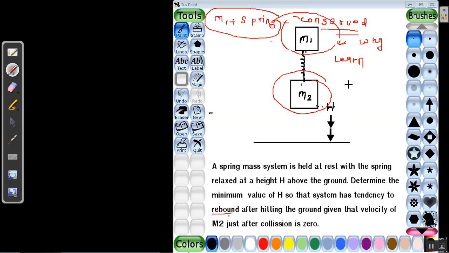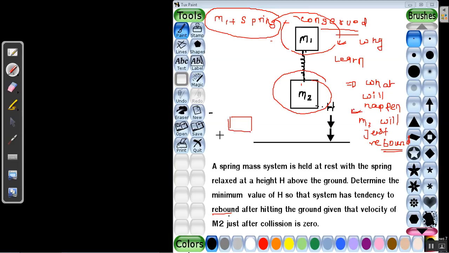Now the second thing is, you have to think what will happen when m2 is just about to rebound. Here the free body diagram of m2 is going to help you understand this concept.